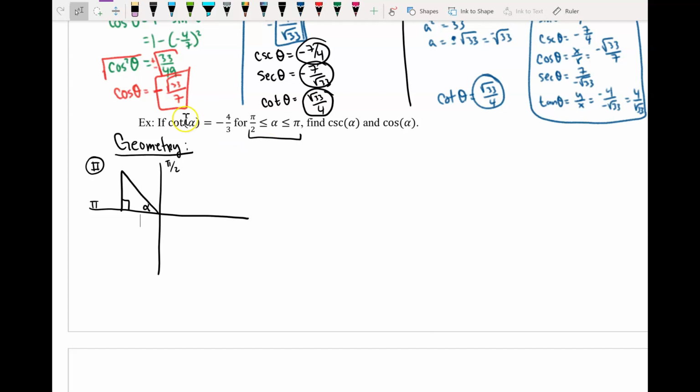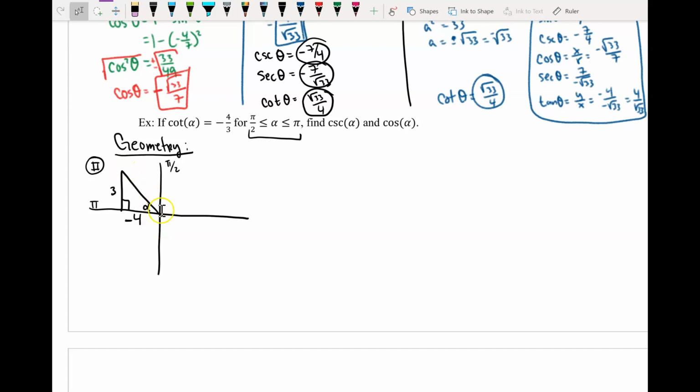Now cotangent is the x over the y. Okay, so in this case, the x value is going to be the 4, and the y value is going to be the 3. Okay, so that's cotangent, the x over the y. So here's our x value, here's my y value. Now, which one should be negative? Well, in the second quadrant, the x value has a negative sign, so this should be negative.